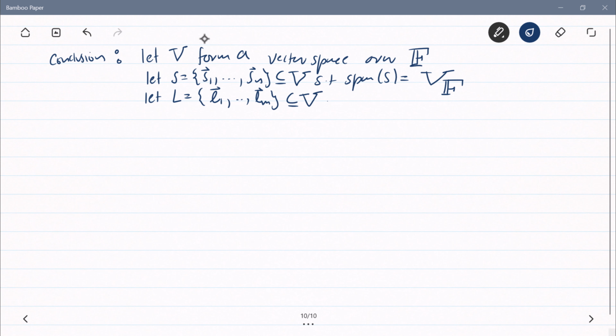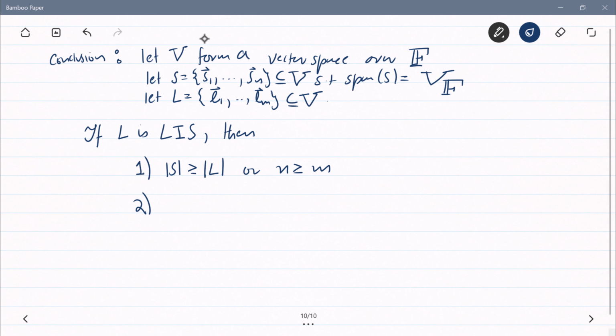The conclusion is as follows. If L is a linearly independent set, then we can say the following two things. That is, the cardinality of S is greater than or equal to the size of L. This is equivalently saying this.